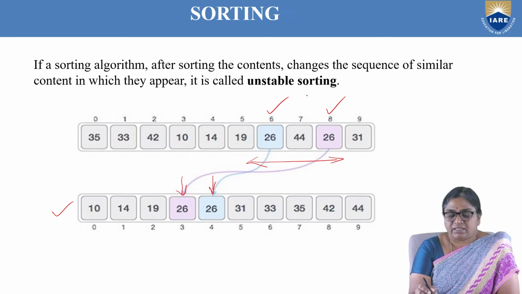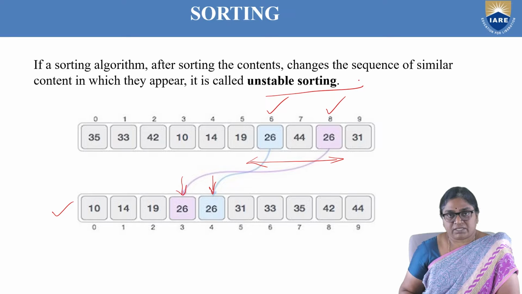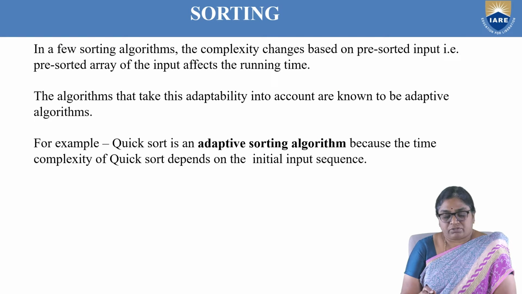That is why the sorting technique which results in this list is known as unstable sorting. The definition is: if a sorting algorithm, after sorting the contents, changes the sequence of similar content in which they appear, it is called unstable sorting.